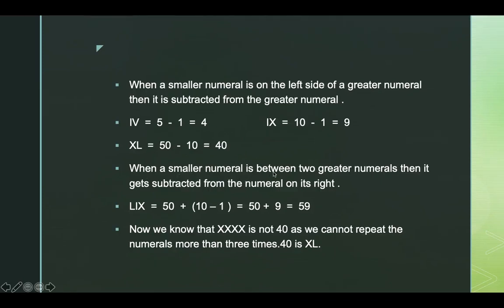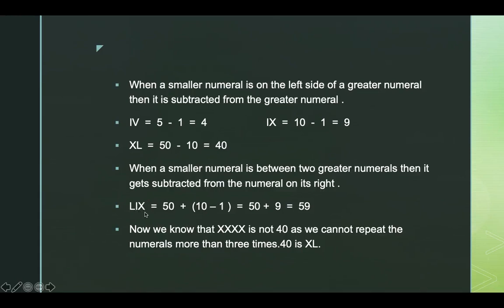When a smaller numeral is between two greater numerals, then it gets subtracted from the numeral on its right. Here, both L and X are greater than I. So we write the value of L first, that is 50, plus the value of I, that is 1, which will be subtracted from the value of this numeral X, that is 10.